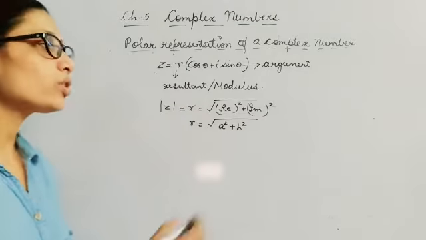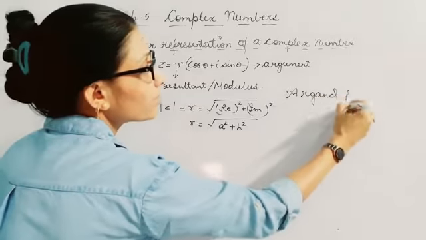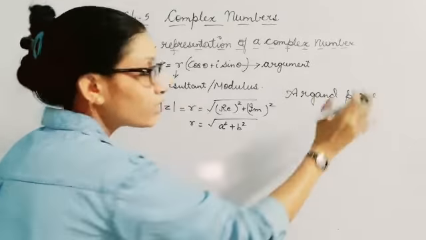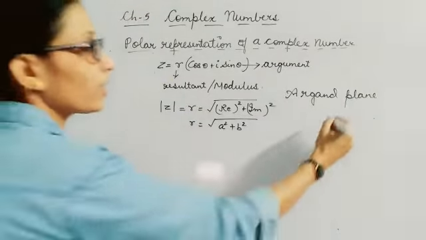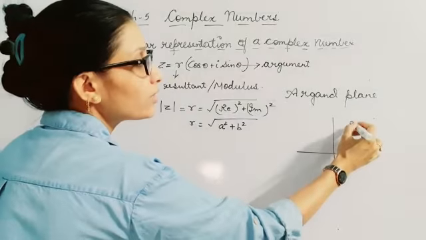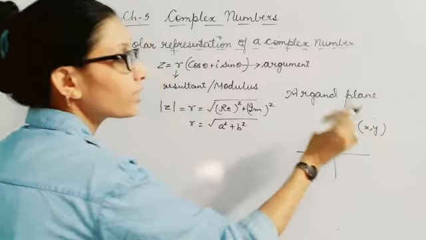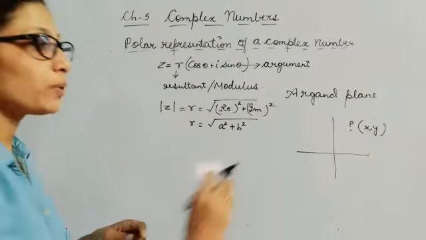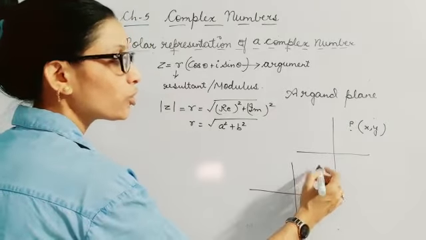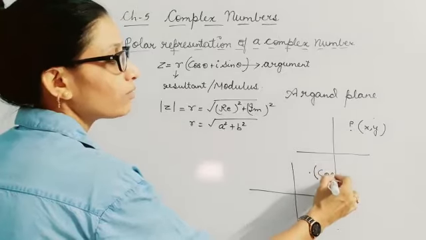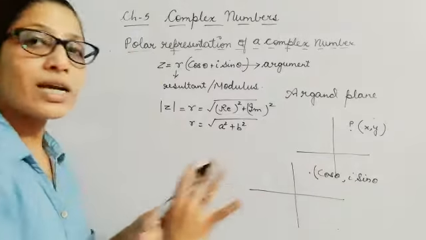Now I have used the word Argand plane, and what is that plane? It is the Cartesian plane in which we represent complex numbers. In previous classes we have learned to represent coordinates, or I can say we can locate the position of point P in the Cartesian plane, but when we locate the position of a complex number, then we say that plane is the Argand plane.